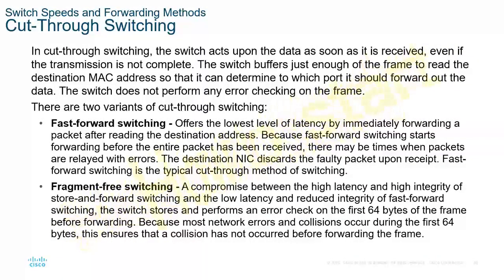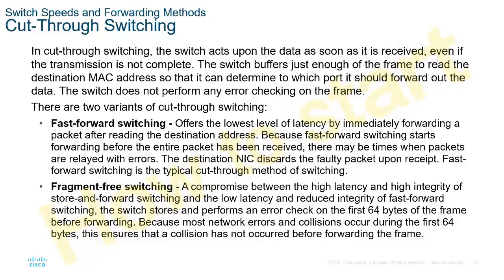In cut-through switching, the switch will act upon the data as soon as it's received. Again, the issue with this is it may forward on data that is corrupt. There are two variants of cut-through switching, fast-forward and fragment-free. Fast-forward switching offers the lowest level of latency by immediately forwarding a packet after reading the destination.